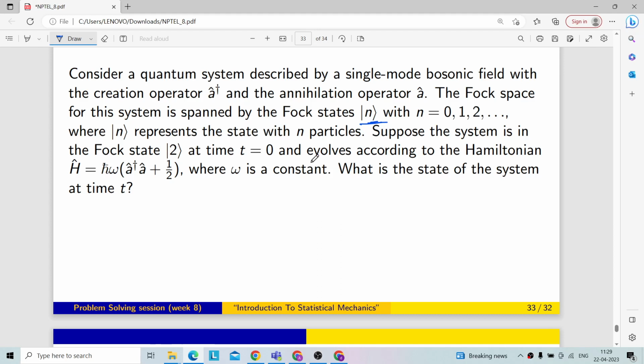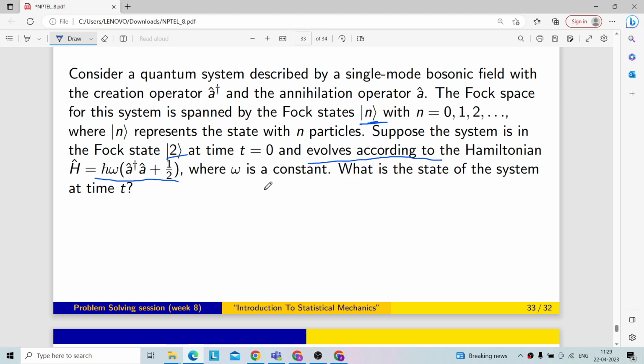In particular, suppose the system is in Fock state 2 at time t equal to 0 and evolves according to the Hamiltonian like this, where omega is a constant. What is the state of the system at time equal to t?